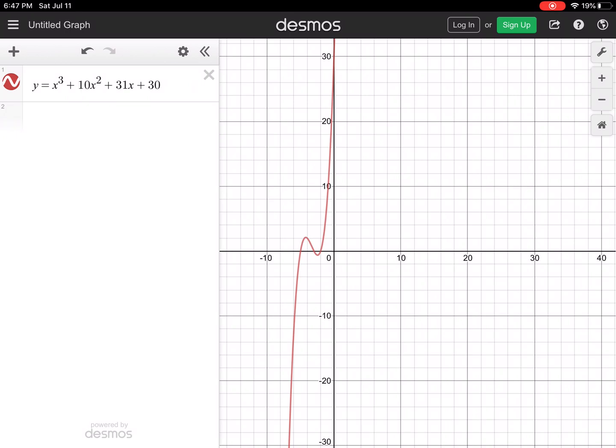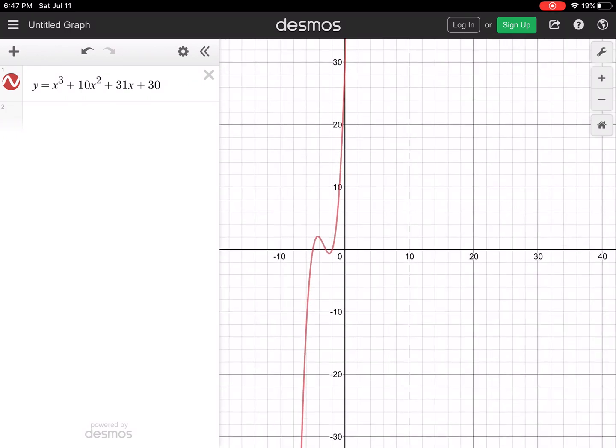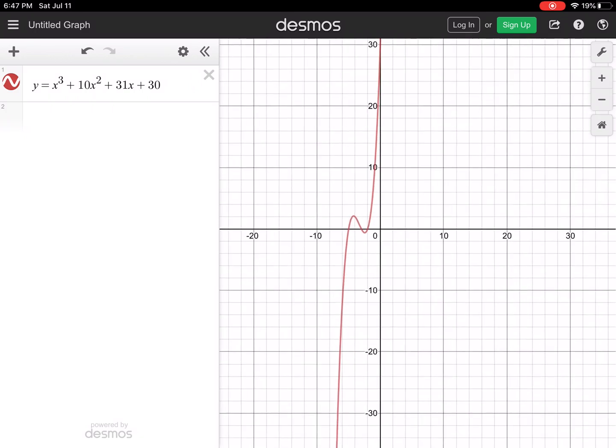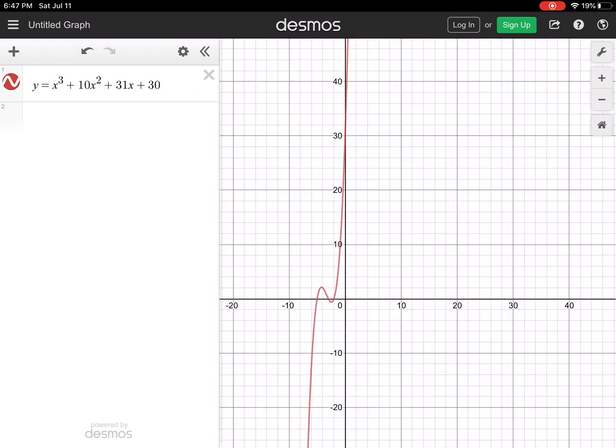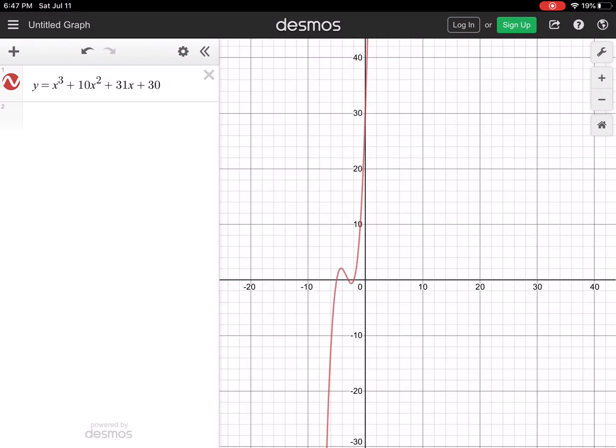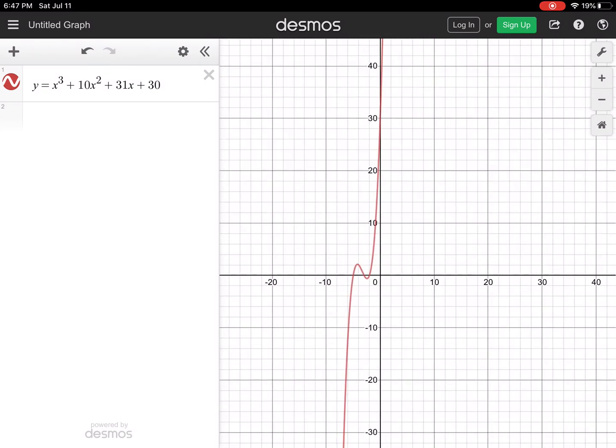No, that was x equals 8. Okay, so we've got x cubed plus 10x squared plus 31x plus 30, and we're looking for, oh, I was looking on the wrong side there.